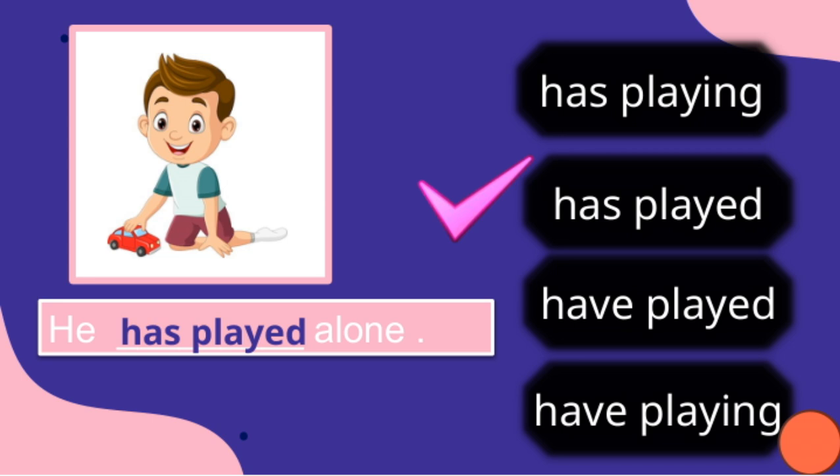So you would say, he has played alone, emphasizing the action completed in the past with relevance to the present. Remember, understanding these forms helps us communicate more accurately about past experiences and actions. It's all about matching the correct auxiliary verb with the right verb form to express time properly.